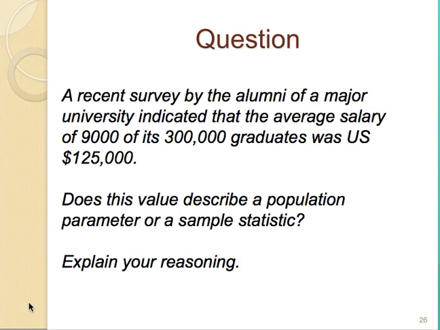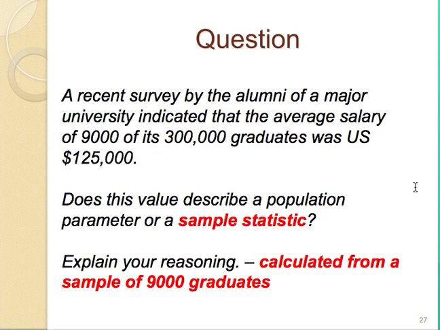Okay, you should have your answer by now. This is a statistic. You're looking at 9,000 of the 300,000 graduates. So that's a sample. So the value calculated will therefore be a statistic.